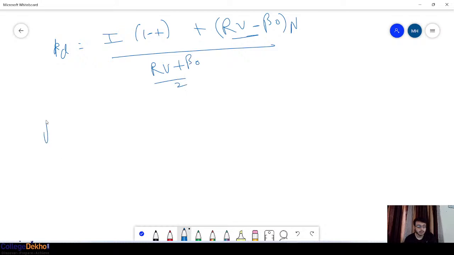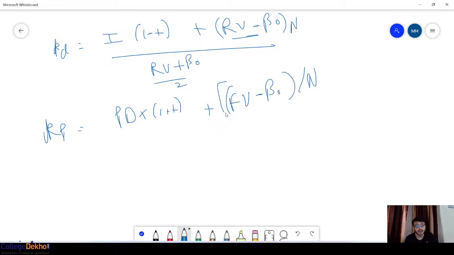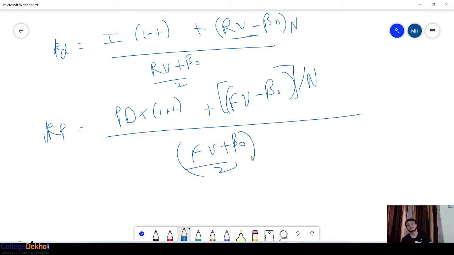Similarly, your cost of preference shares is the same, but in place of interest you will have your preferred dividend. If there is tax, multiply by (1 plus tax), plus face value or redemption value minus net proceeds, divided by the number of years. Just this bracket is divided by the number of years, not the whole. The whole is divided by FV plus NP by 2.